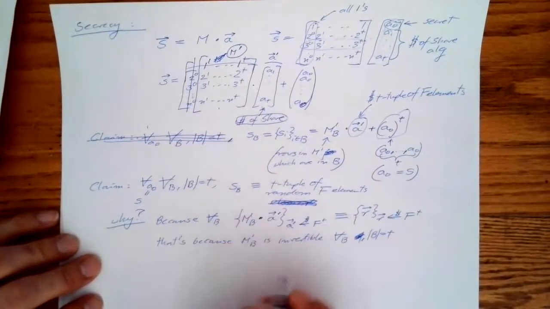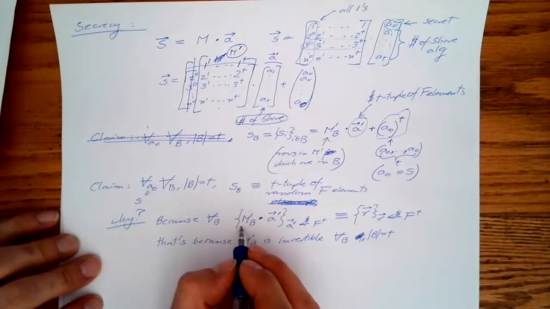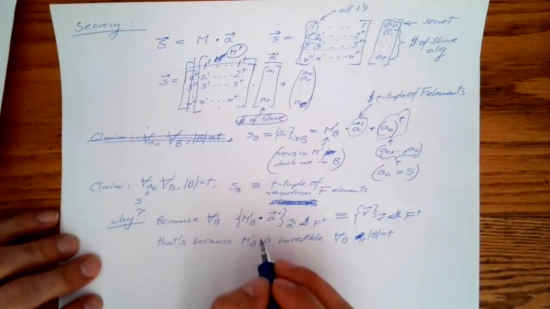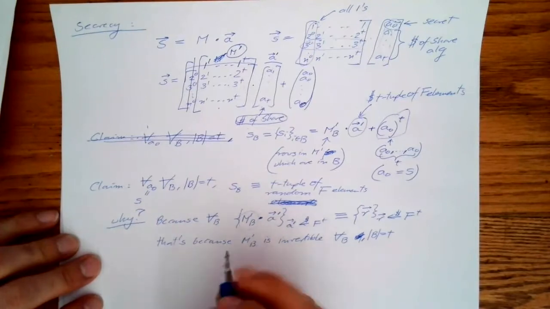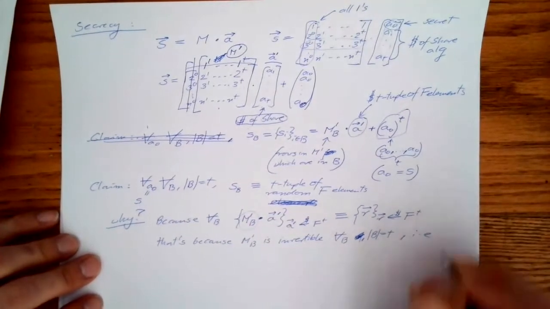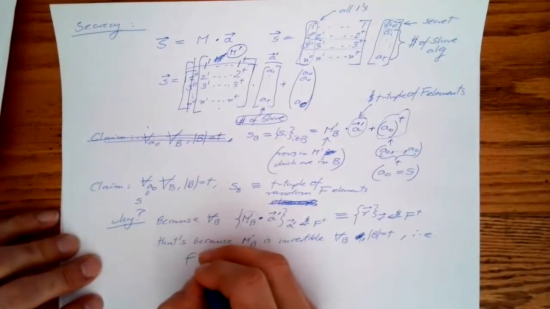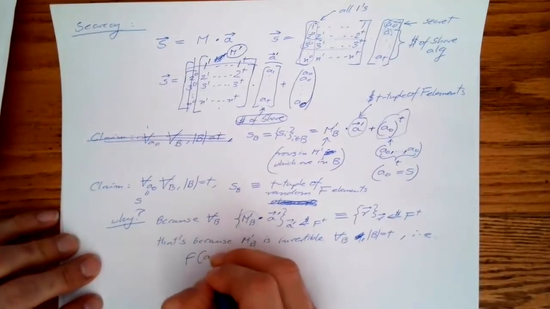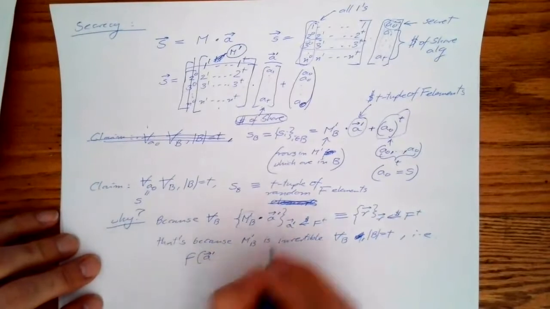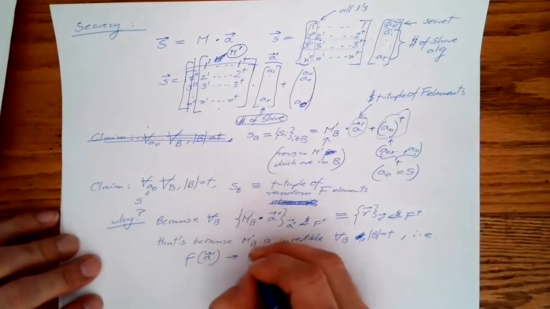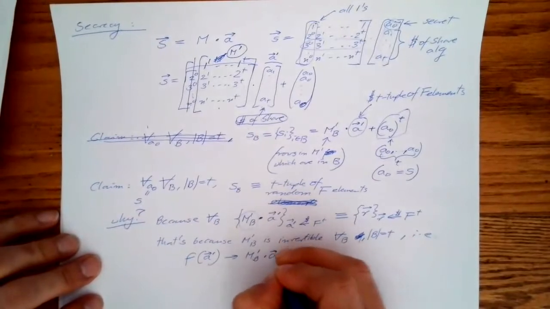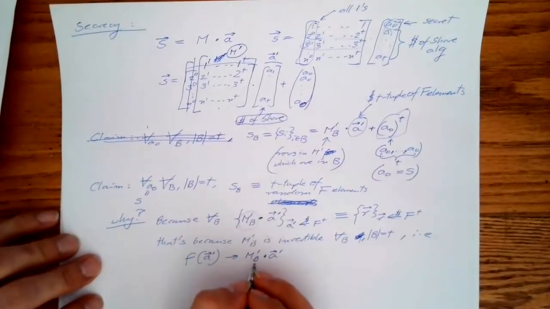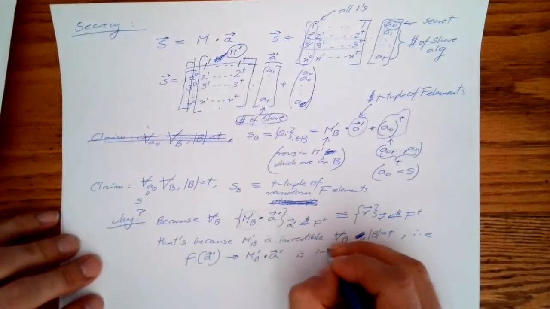So it's invertible, and therefore a function that takes a T-tuple and outputs this T-tuple multiplied by M prime B is a one-to-one function.